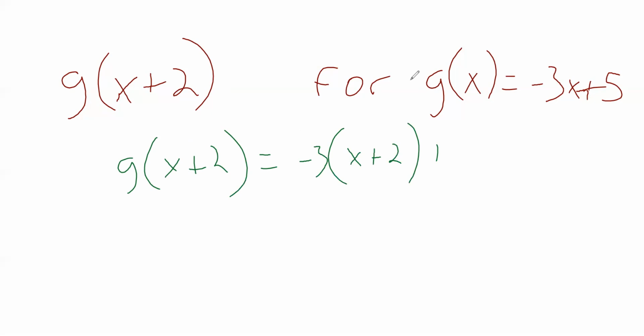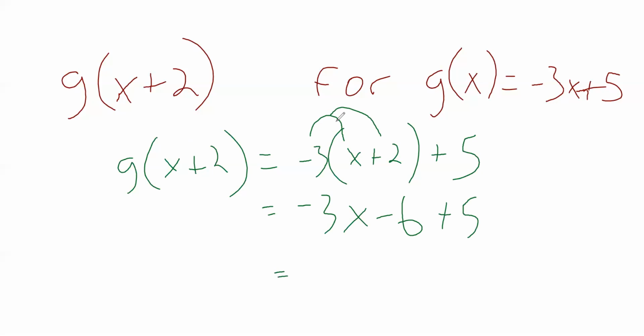And again, it's a good habit to go ahead and anytime you're plugging something in for x, put it in parentheses. That's a good habit to get into. Because then that suggests that this -3 distributes, which is exactly right. Negative 3 times negative 2 times positive 2 becomes negative 6.